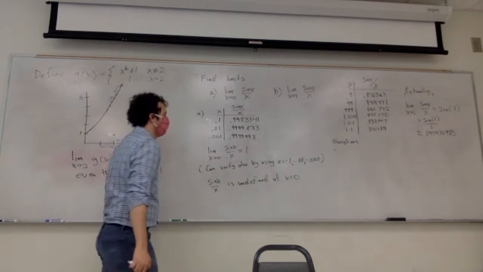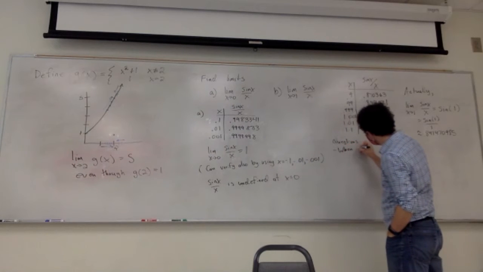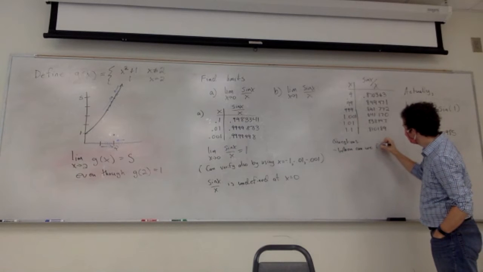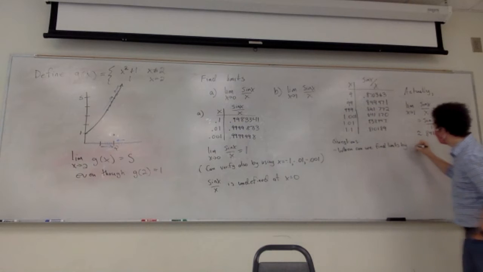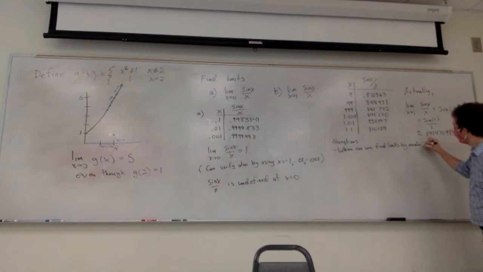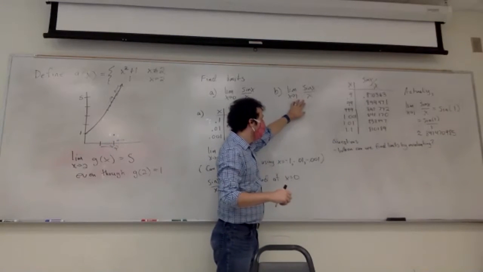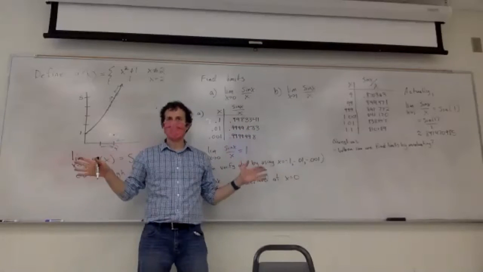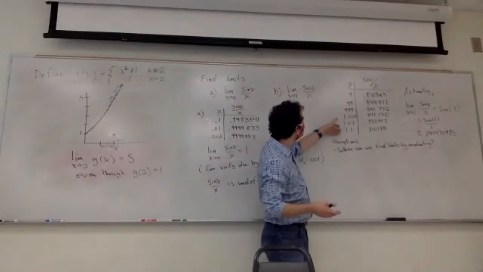So one question is, when can we find limits by evaluating? Meaning, in this case, if we had known just put in 1, see what number you get, and you're done, that would have been much better than making this whole table.